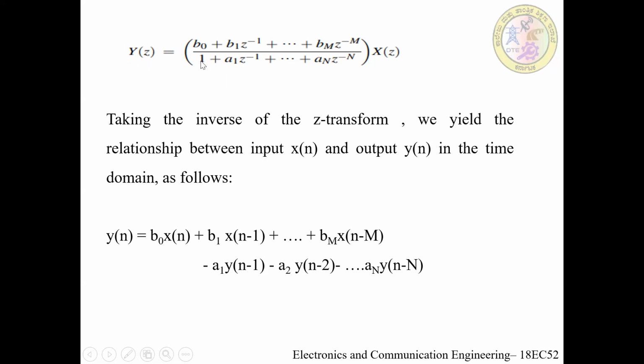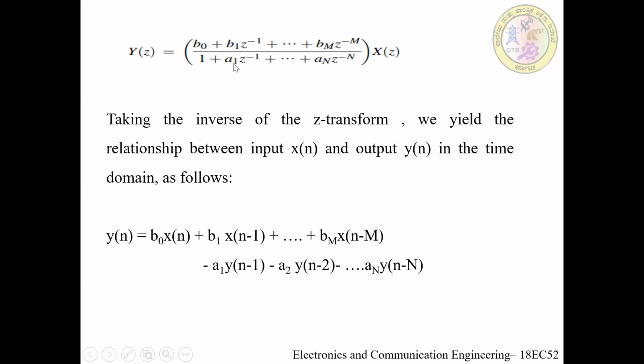y of n. This becomes b0 into x of n plus b1 into x of n minus 1 plus b2 into x of n minus 2 up to bm into x of n minus m. We can see here there are capital M numerator coefficients. Minus, if we multiply this and take inverse Z transforms, as it is free of Z terms, no need to take it.